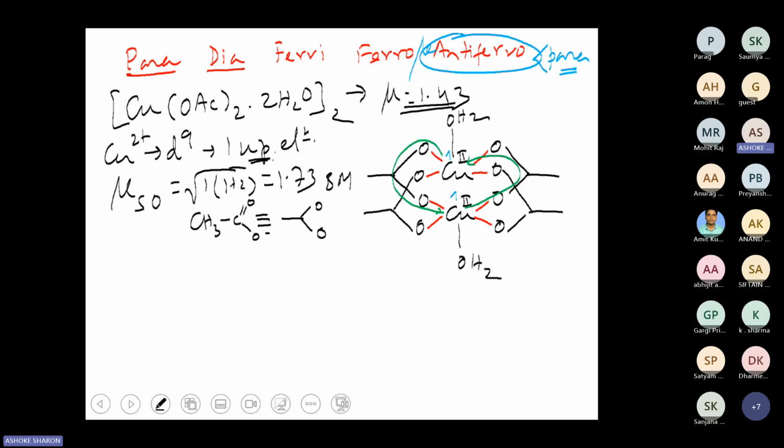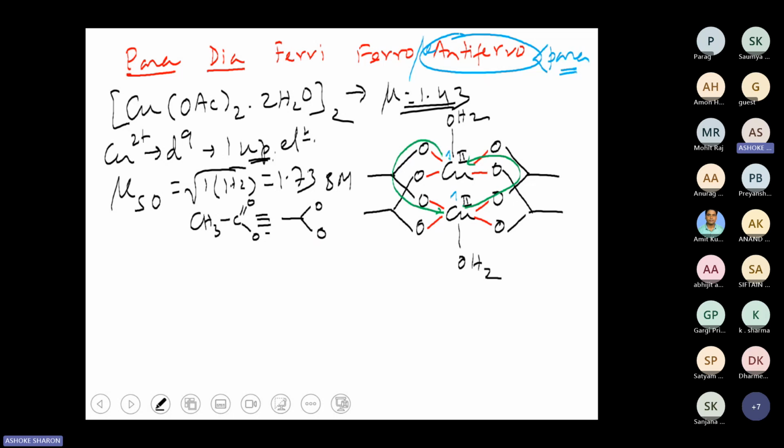Therefore, there are four different possibilities with this kind of exchange of electron. If this electron goes to this copper center, then the electrons are paired up. That is no dipole moment, no magnetic moment, so the number of unpaired electrons becomes 0 in that case.